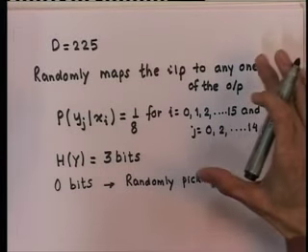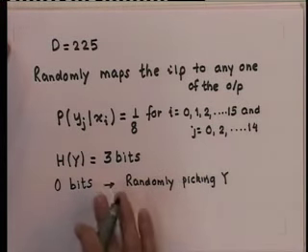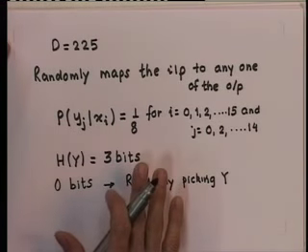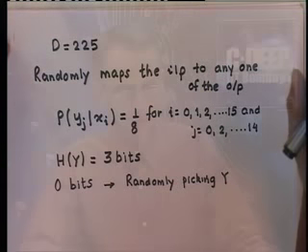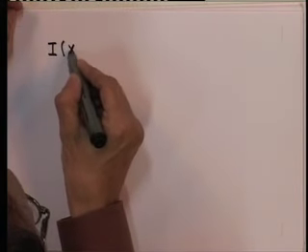What this example illustrates is that the entropy of the reconstruction, that is H(Y), cannot be a measure of the rate.